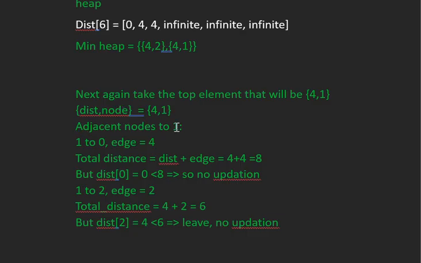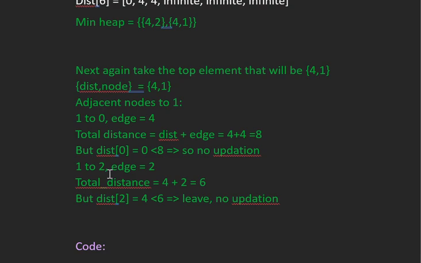The adjacent nodes to 1 are 0 and 2. If we go from 1 to 0, our edge weight is 4. So the total distance is the current distance, that is 4, plus the edge weight, so the total distance is 8. But the distance of 0 is already 0 in the distance array, which is less, so we will not be updating it.